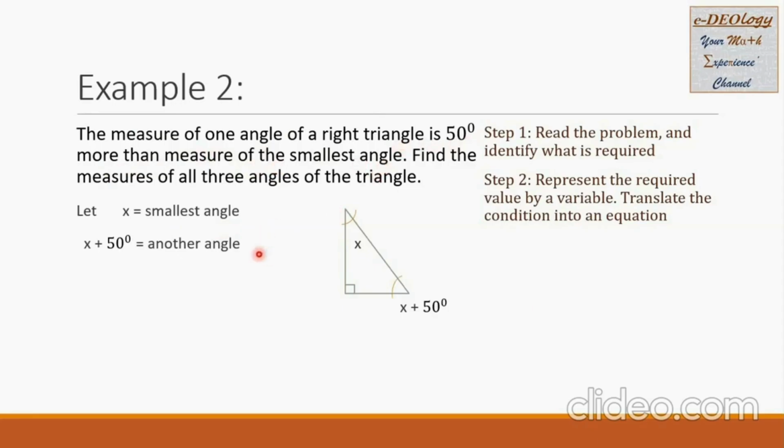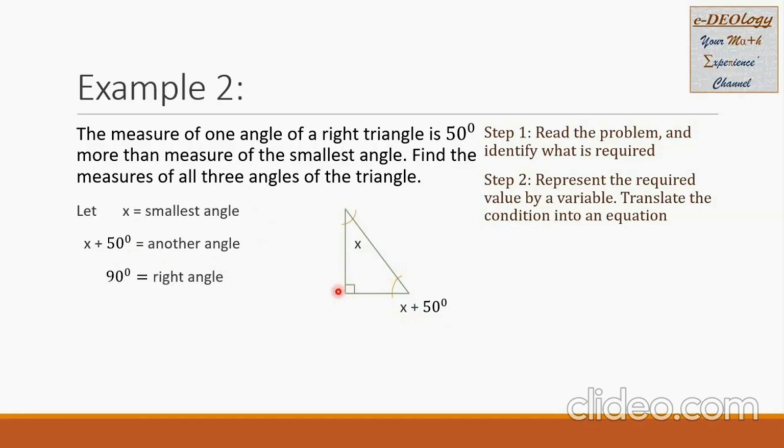It means the second angle is compared to the smallest angle and the next angle is 50 more than. So you see the second angle here, it is compared to the first angle and it is written here x plus 50 degrees. So this x plus 50 degrees, that is the second angle or this another angle.